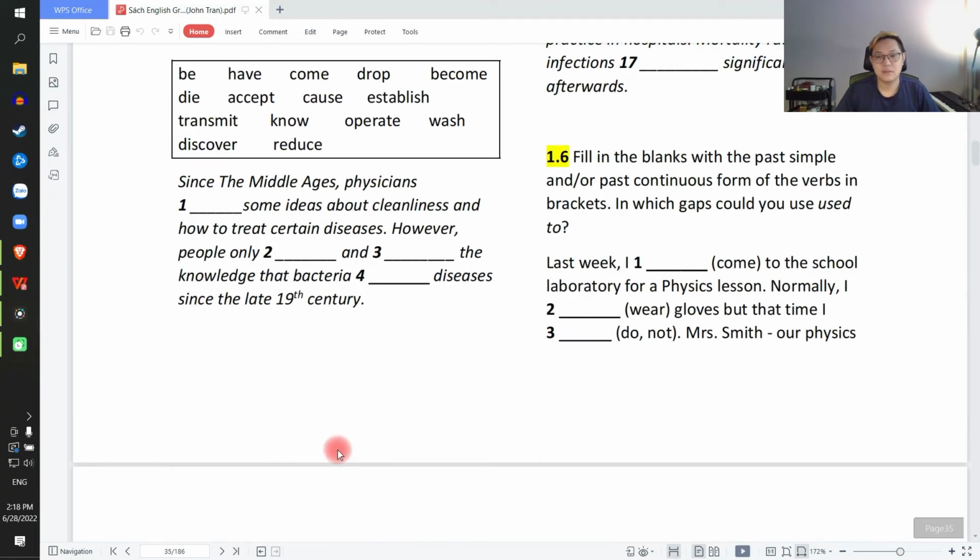Now pay attention, okay, to the pronunciation. Cẩn thận phát âm nè các bạn. Repeat after me. Last week, I came to the school laboratory for a physics lesson. Normally, I wore or I used to wear gloves, but that time I didn't.